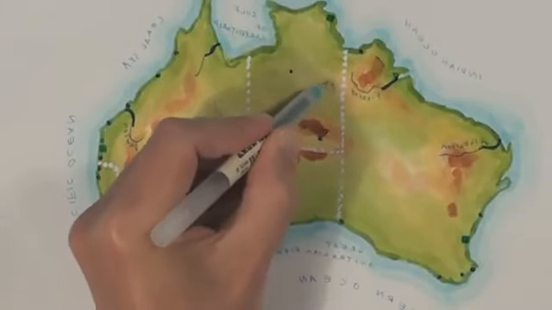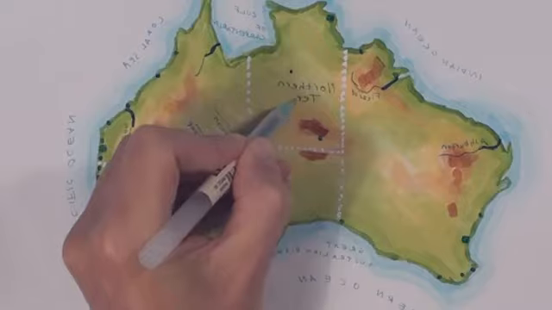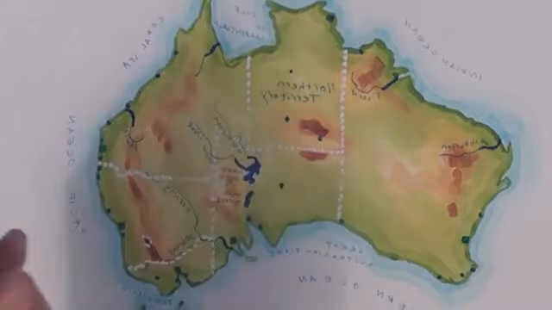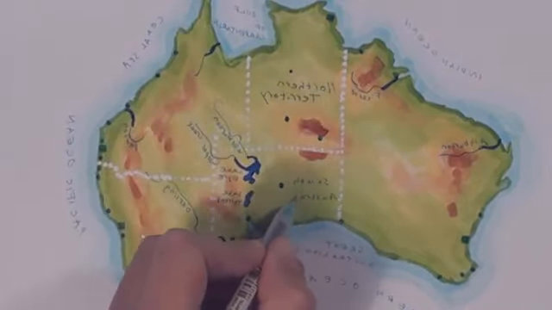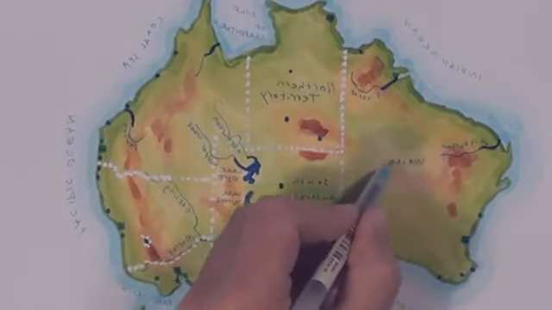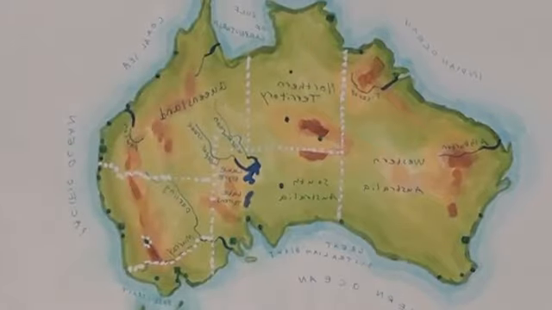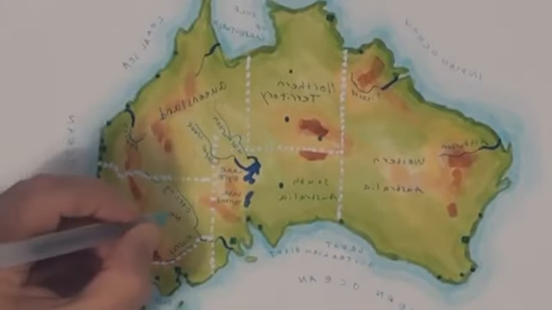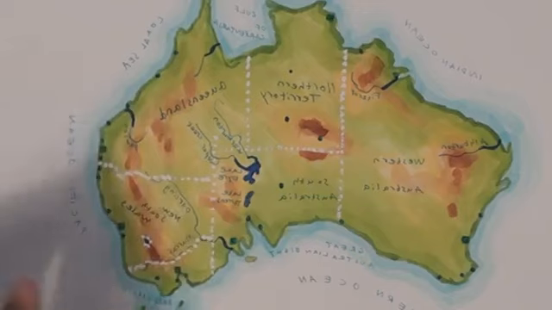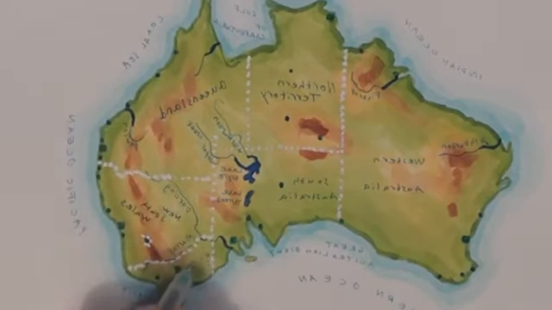This is the Northern Territory, Western Australia, Queensland, New South Wales, Victoria.